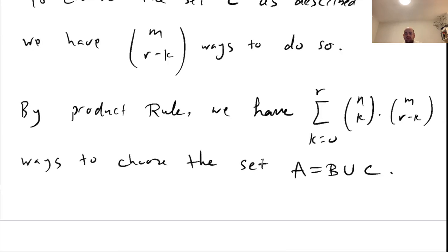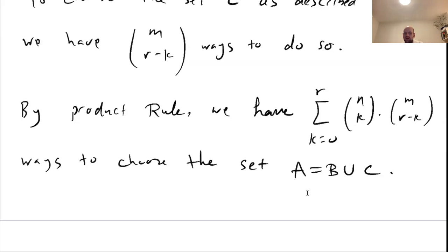Okay, so for a fixed value of k, if k is a fixed value between 0 and r, then we have n choose k times m choose r minus k ways to choose B union C. But k itself can change between 0 and r. So I have to write the expression corresponding to k equals 0, then add it with the expression corresponding to k equals 1, and so on.